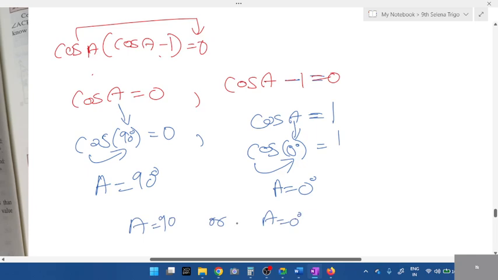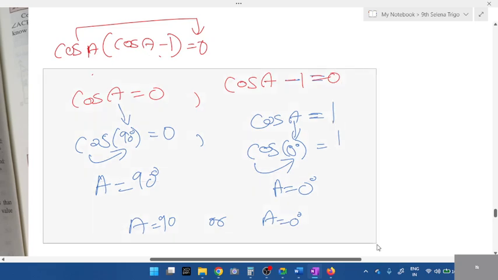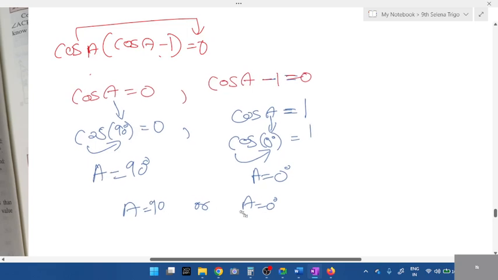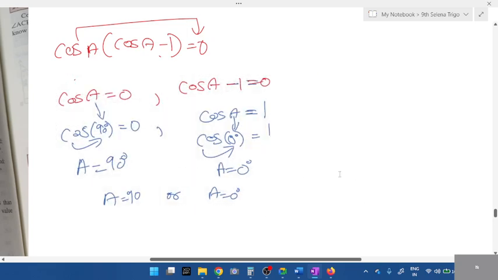You can't put and, students. The reason you can't put A is 90 and A is 0 both at a time. You can put only one value at a time. You can either put 90 degree or which one? Cos 0 degree.